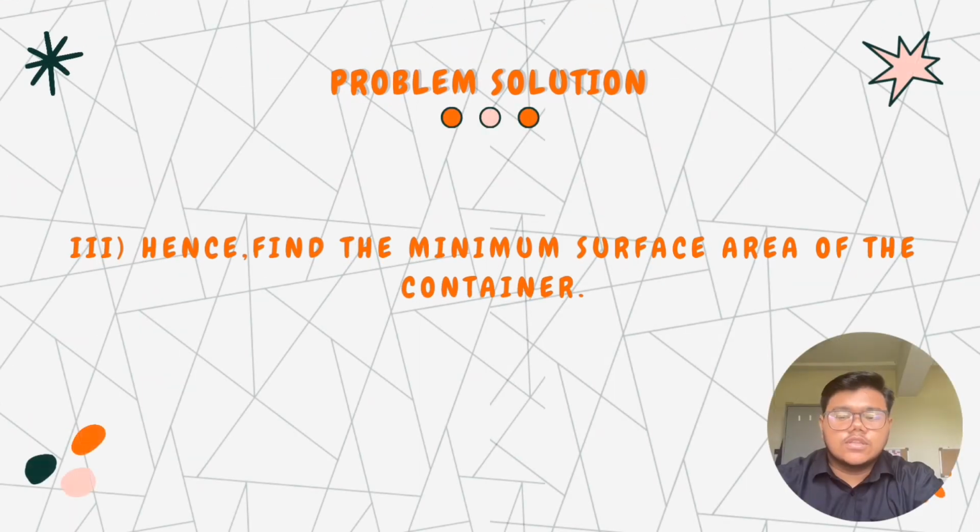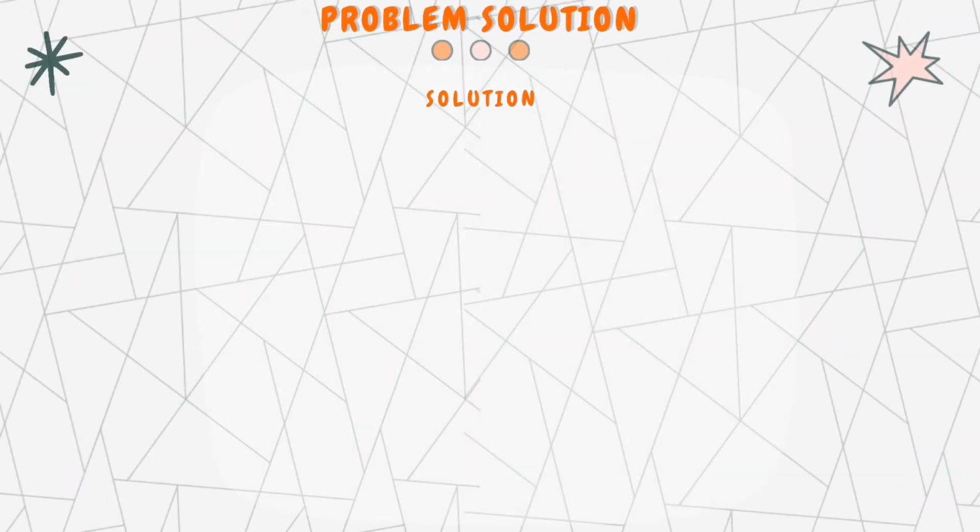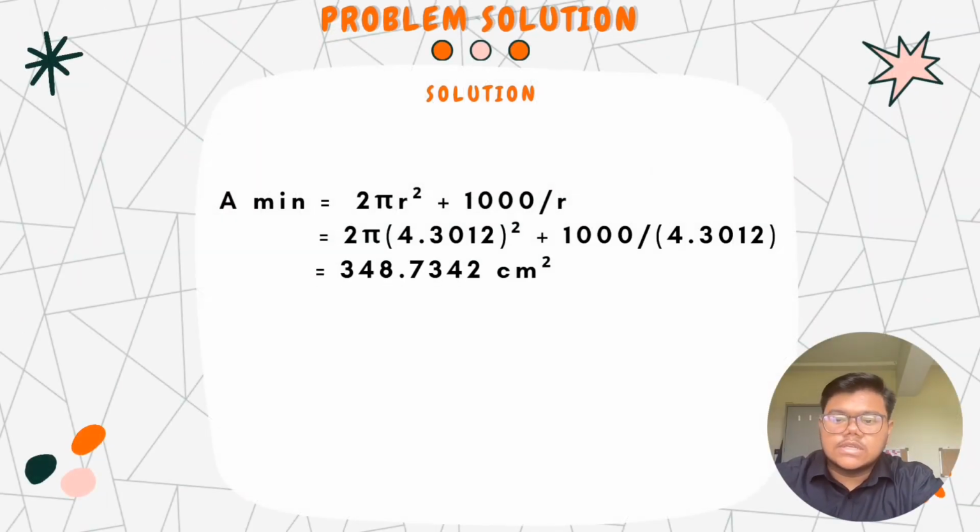So let's move on to the third question. Find the minimum surface area of the container. For this question, what we're going to do is just substitute the value of r. From the previous question, we got that the value of r equals 4.3012.